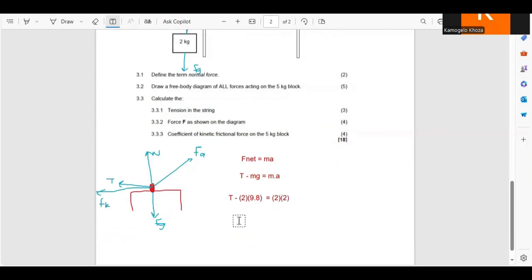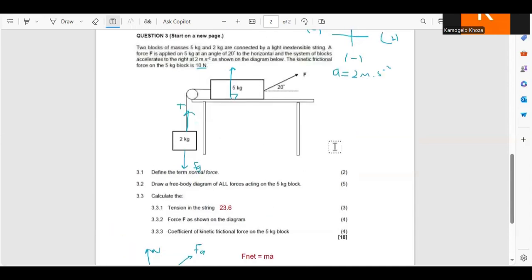So this is T minus, if you punch it into your calculator, 9.8 multiplied by 2, you get 19.6. It equals 2 times 2, which is 4. Now taking that 19.6 to the other side to be positive so that we are only left with T, our tension in this case is equal to 23.6 newtons. And because here it's going up, I'll just say upwards, because we chose upwards as positive.